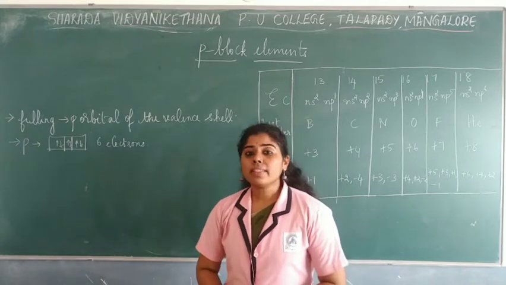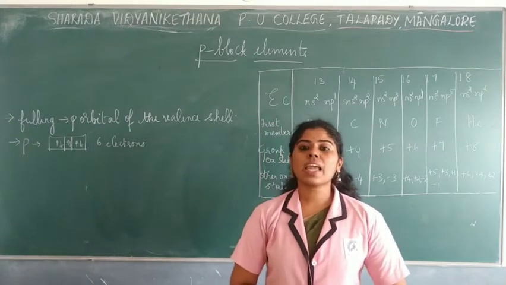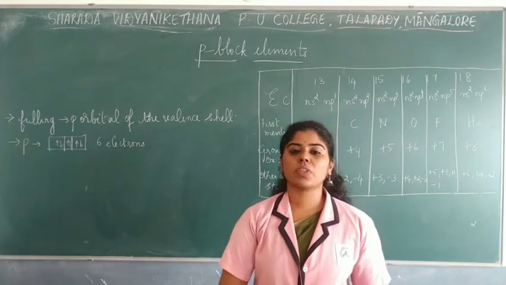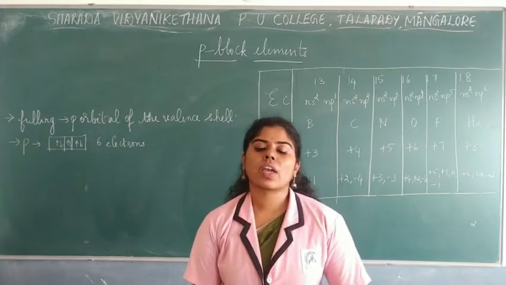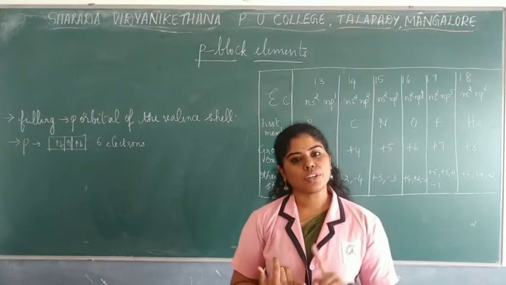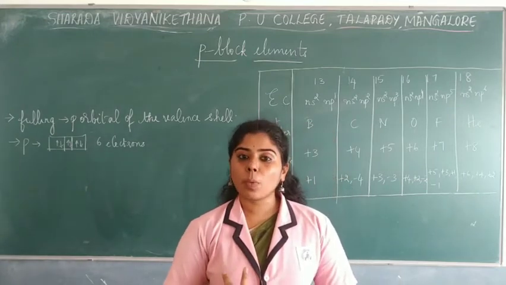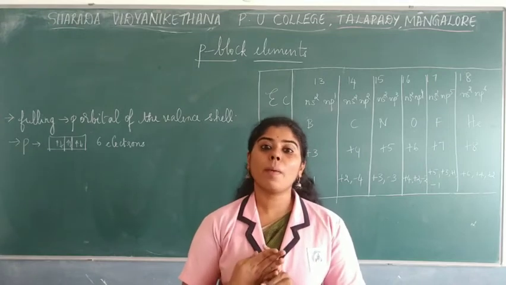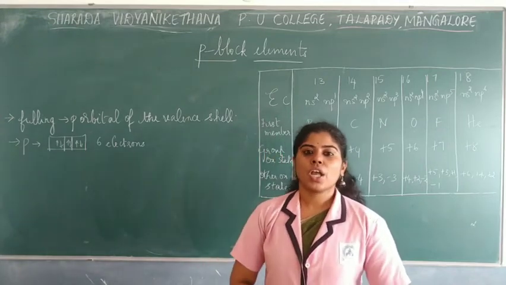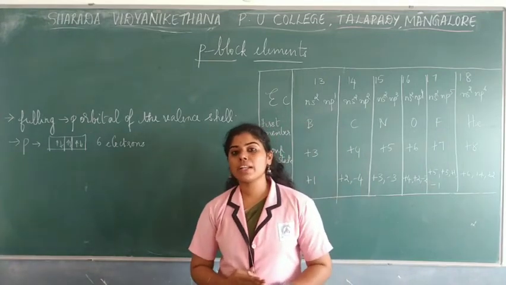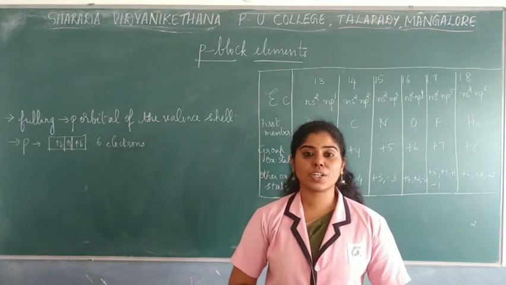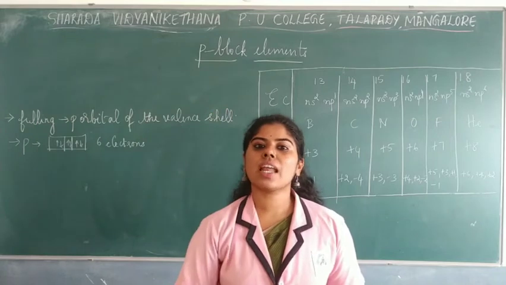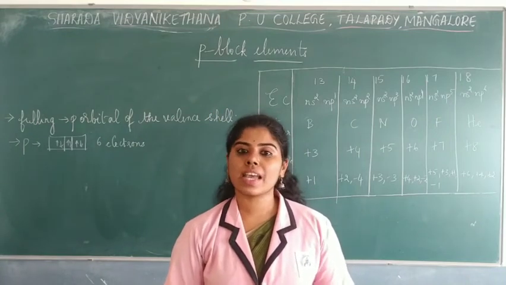But one thing to be remembered is that p block elements, which start from group 13 to group 18, consist of non-metals, noble gases, metalloids, and also metals. The heaviest element in the p block is considered to be a metal. So there is variation in their nature too.